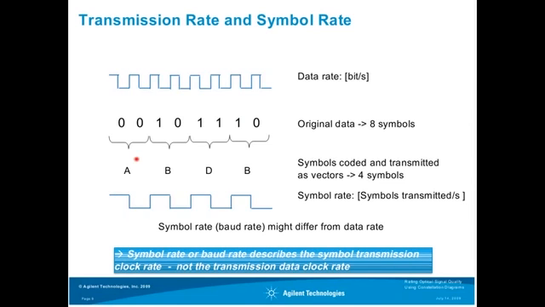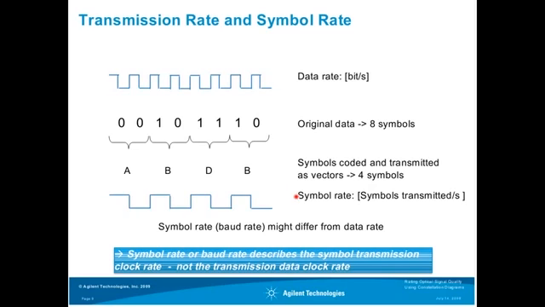Again, if we code this to a symbol like A, B, C, D, we only need to transmit 4 symbols. And it is very clear then that for transmitting only 4 symbols, it is sufficient to transmit this with half the symbol rate, as we call this in this case.